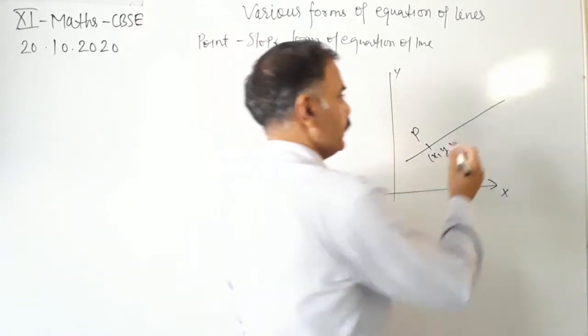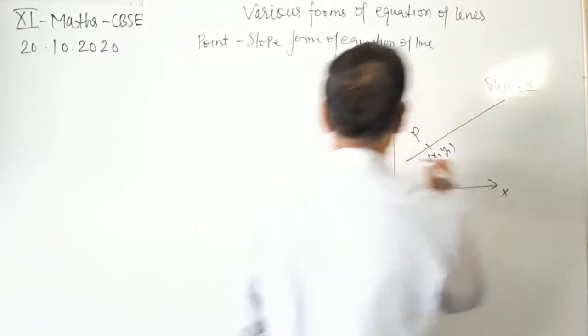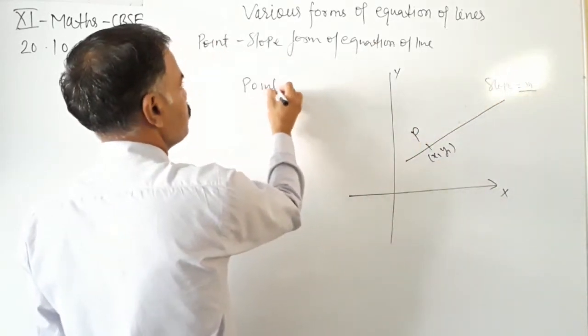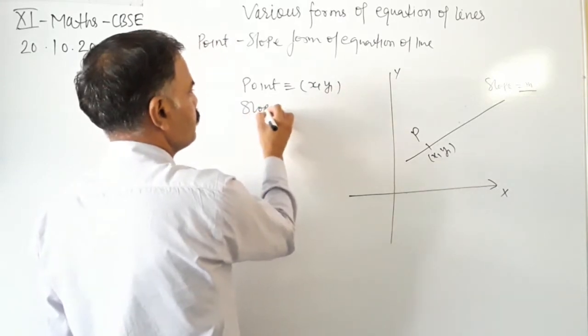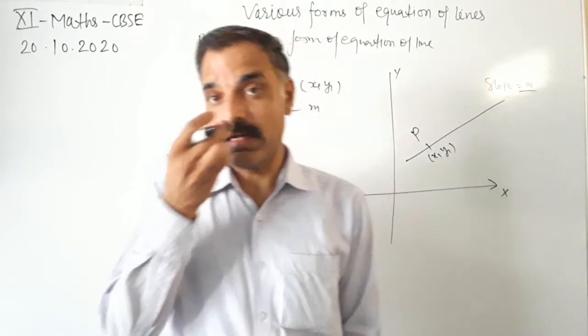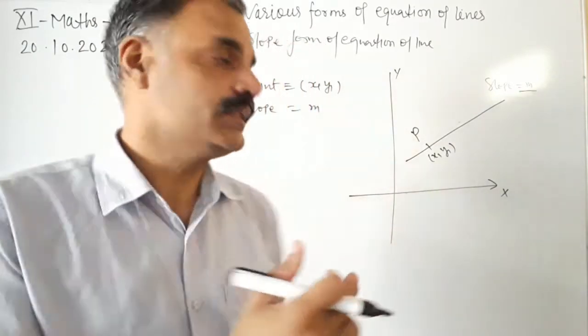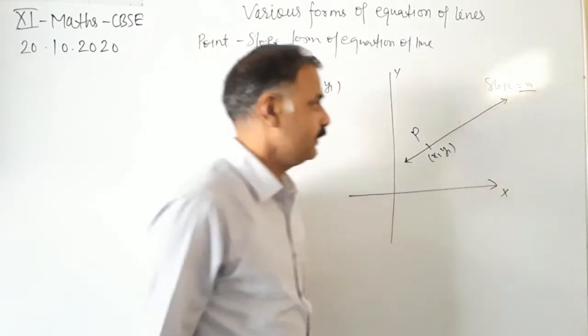Let the slope of this line be m. So the point is x1, y1, and the slope of the line is m. Now we have to find the equation of this straight line.